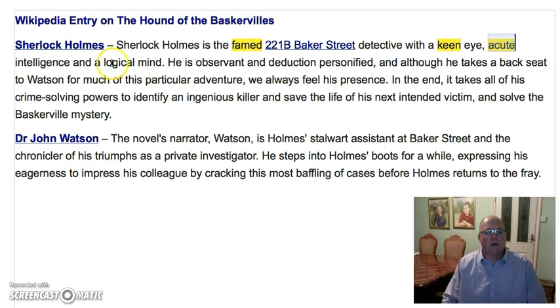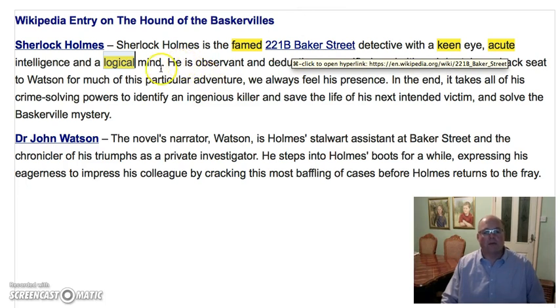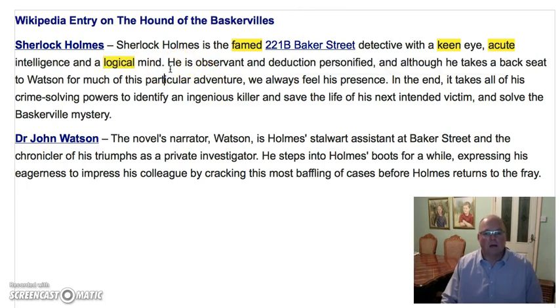And what sort of mind? It's a logical mind. So you can see also that these have been listed in threes. So our writer is using a pattern of three, which is normally a persuasive technique, a rhetorical device, but using it to make this factual description of Holmes more interesting.